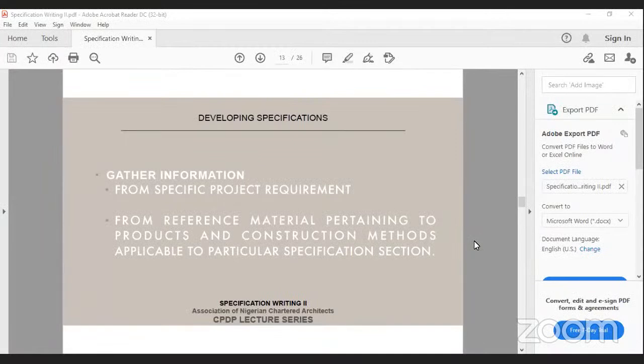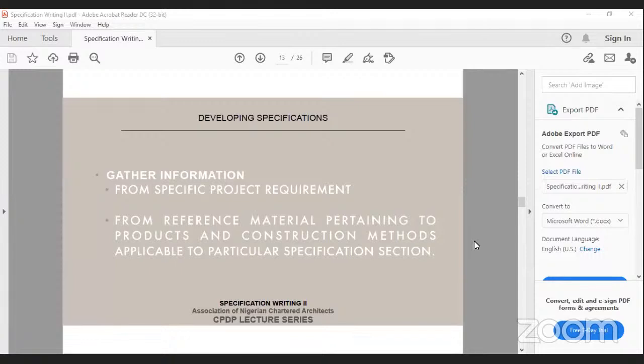So manufacturer's information, product data on the website, hard copies of data binders, manuals, catalogs, all these are sources of information. So if you pick, for example, tiles from a manufacturer, you want to make use of certain floor tiles as your floor finish.